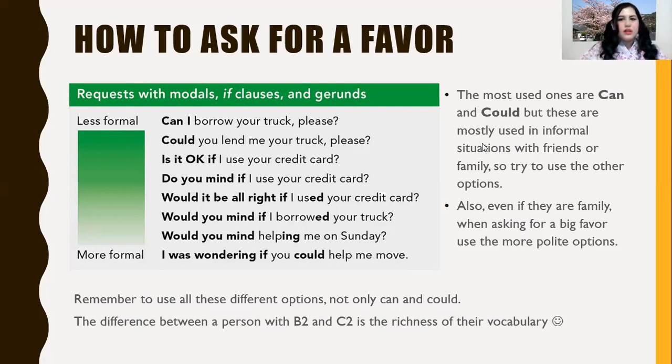If we have a connection with that person, we're going to use the less formal ones, or if it's a really simple favor. But it's not okay to use can and could with people that you're not close to, or if it's a really important favor. In those cases, we're going to use the more formal ones.